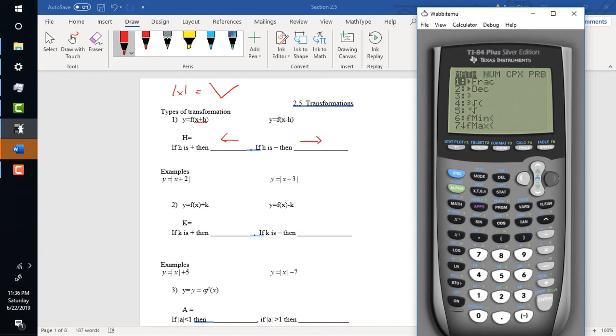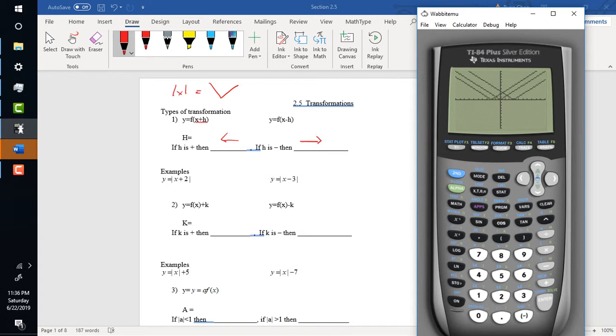Watch what happens if I do absolute value of x minus 3. Based on what we said, it seems pretty obvious it's going to go to the right. Check it out. If I graph it, you can see my absolute value goes to the right by 3. Sorry, if it's positive, it's going to go to the left.